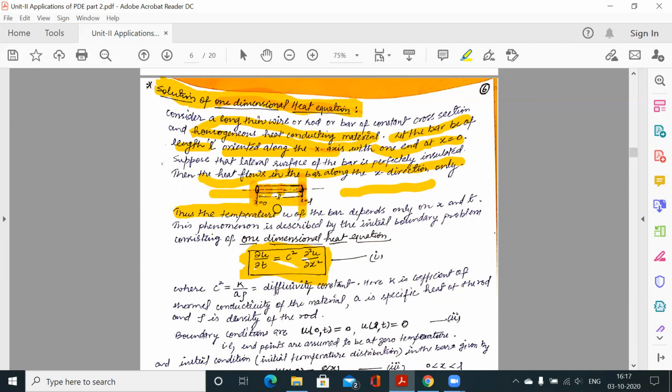Thus the temperature of the bar, described by the variable U, depends only on x and t.